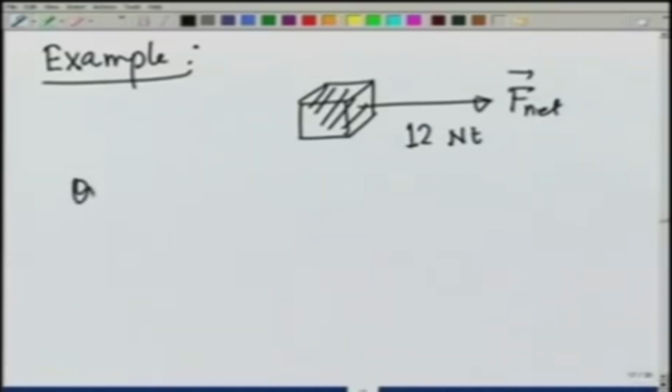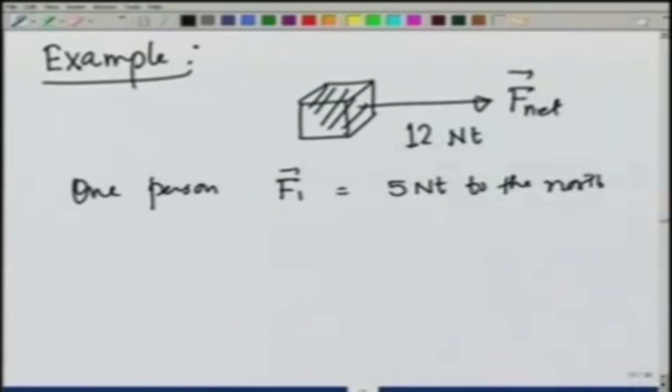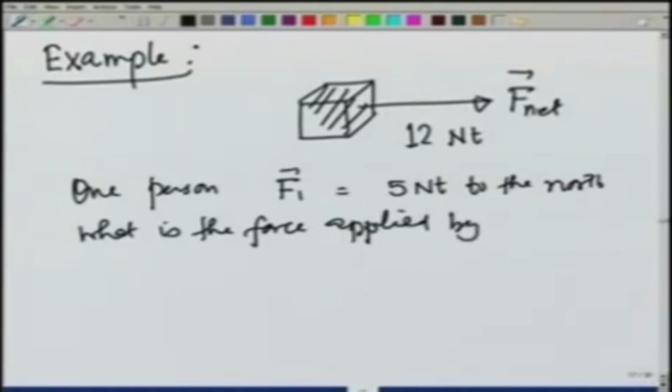One person applies the force F 1, which is 5 newtons to the north. We ask, what is the force applied by the second person? Let it be F 2.